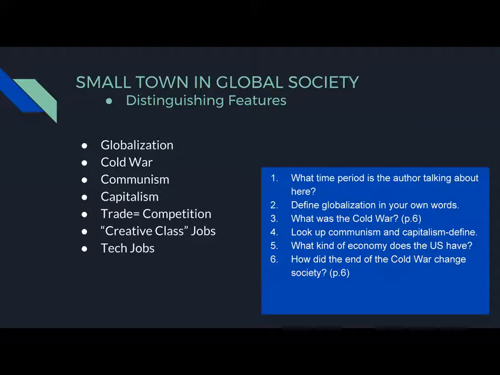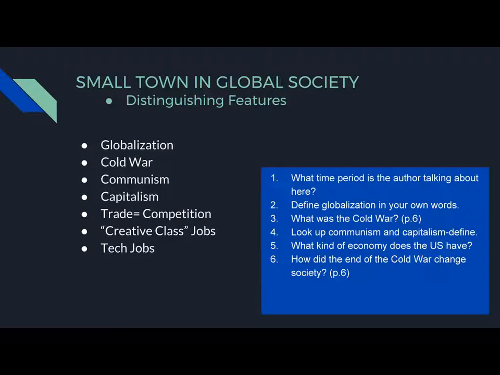Creative class jobs are people who are doing marketing or promotion or networking or consulting, all kinds of things that can be done from home, and it matters less where you live. The same with tech jobs, so a lot of software and coding and things like this.